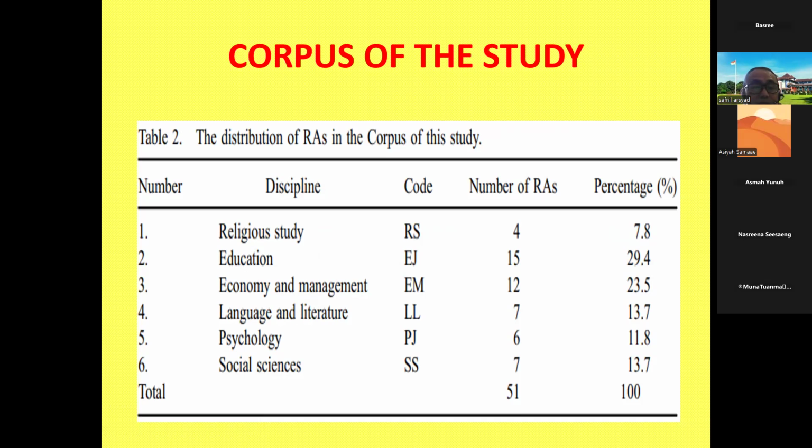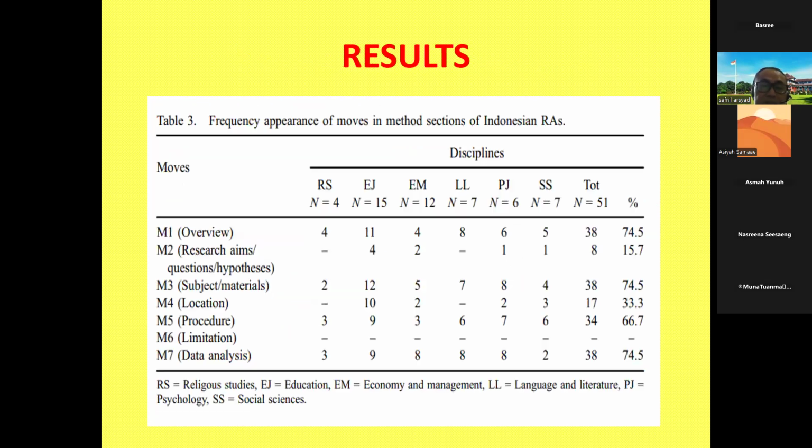You see here more articles from education, because in reality, there are more journals on education. So the total number of articles is only 51, from six different disciplines.